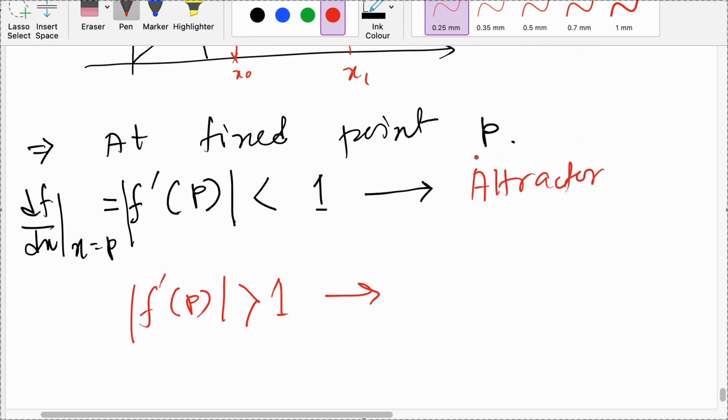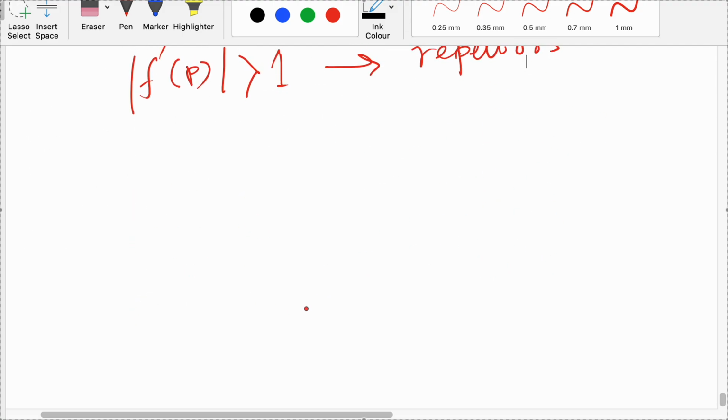Here this fixed point will be called an attractor because the fixed point is attracting all the initial conditions, and in this case if f prime p becomes greater than 1, it is called a repeller because the fixed point is actually repelling all the initial conditions. That's why it is called the repelling fixed point, or a repeller. So that's all. Now let's go towards the theorem that I want to state here.